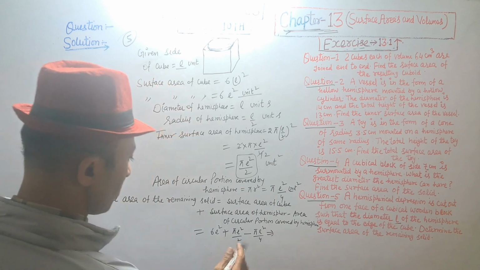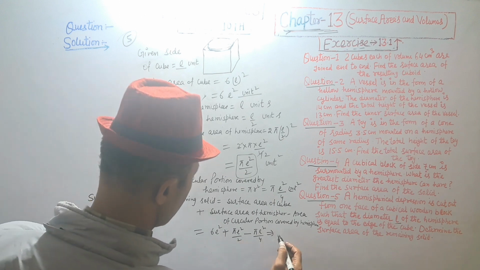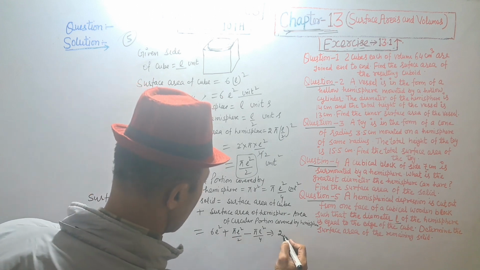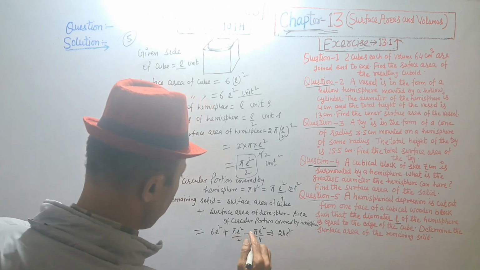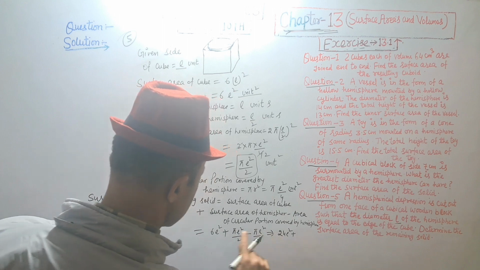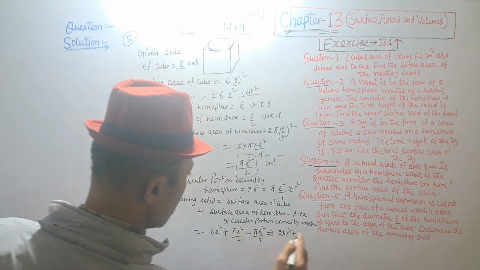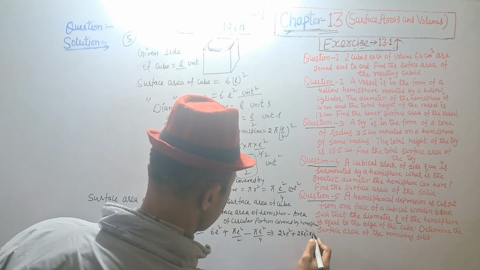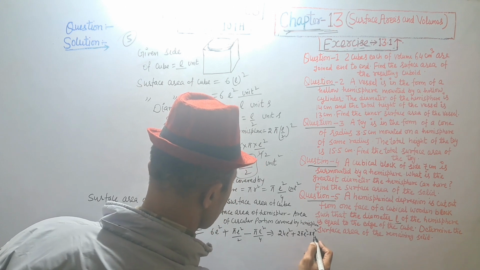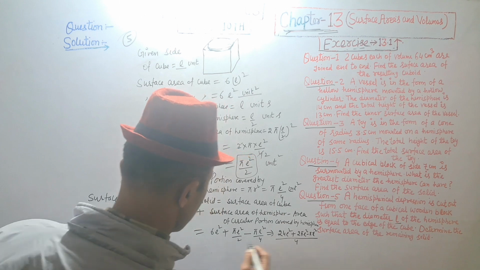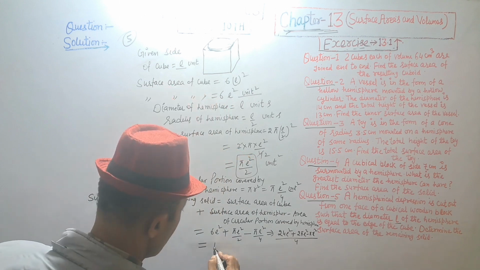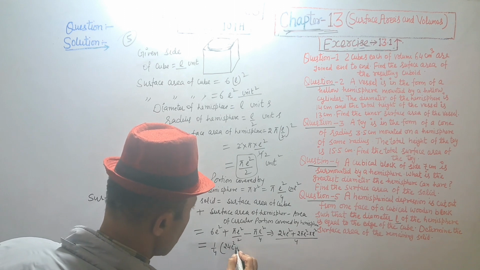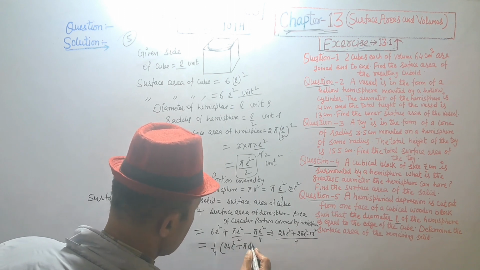This implies LCM is 4, and 24L square plus 2 pi L square minus pi L square divided by 4 is equal to 1 by 4, 24L square plus pi L square.